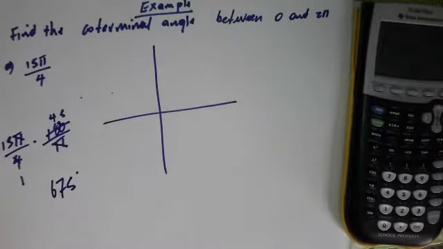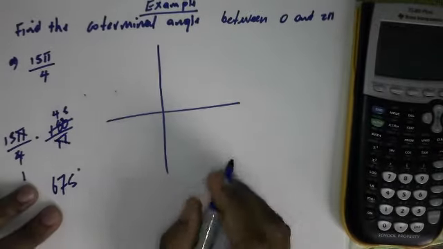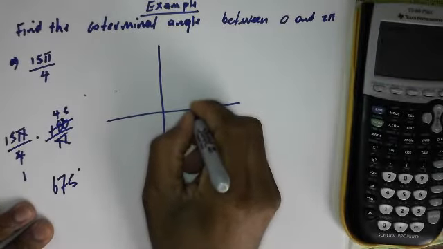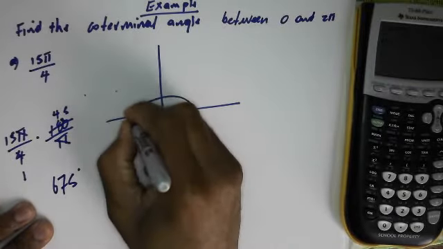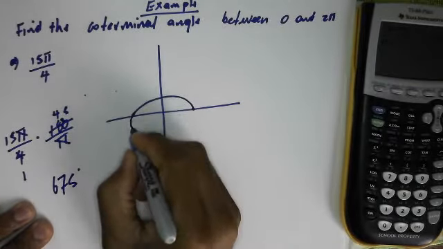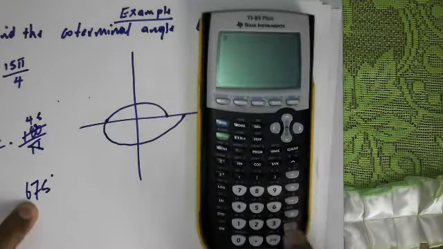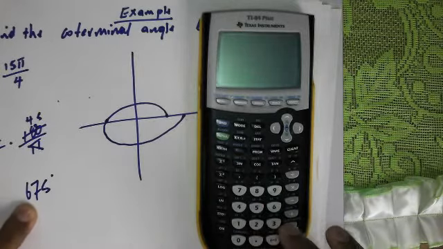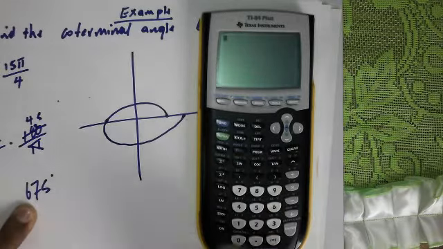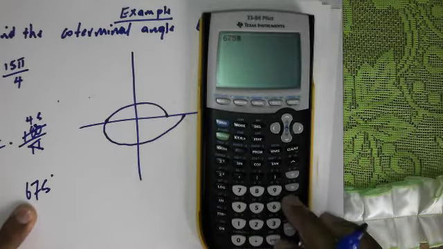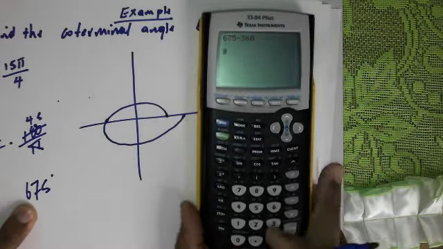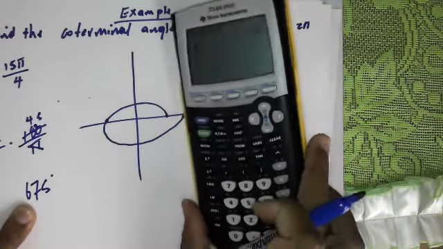Now, to tell where that 675 is, it is positive, so I start here, and this is 180, and I come all the way around, that is 360, okay? So let's see how much more I need on this 360 to reach here, okay? So if I subtract 360 from this, 675 minus 360, I know that I need 315 more, okay?